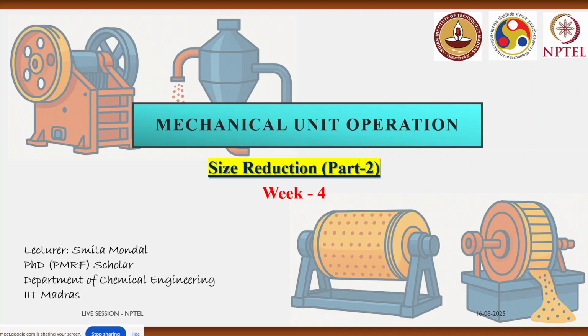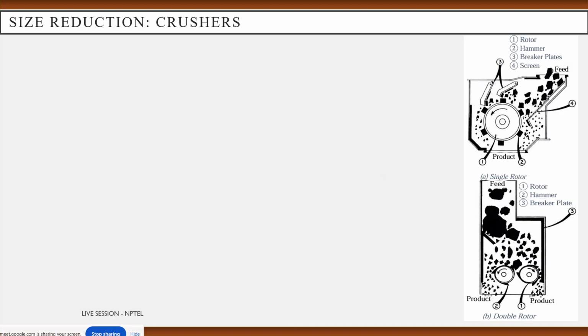So in the last class we discussed size reduction equipment and other principles of crushing laws. In this class we will discuss the rest of the size reduction equipment, basically fine grinding equipment as well as ultra fine grinding equipment.